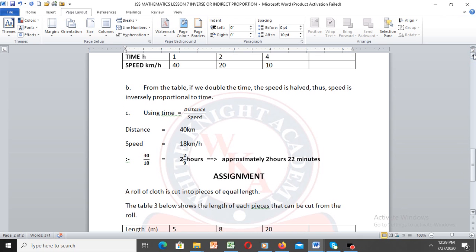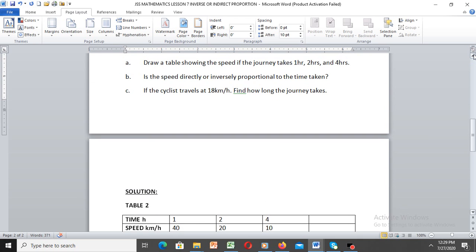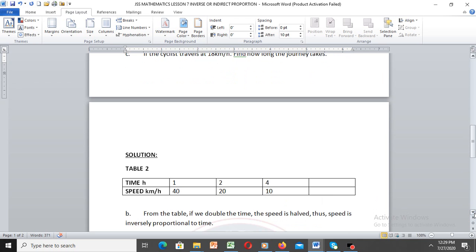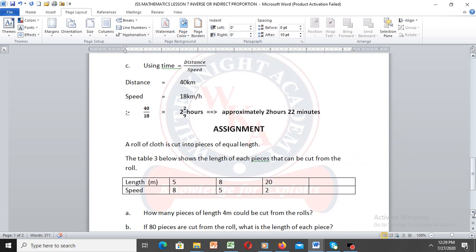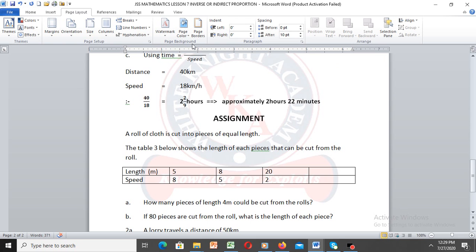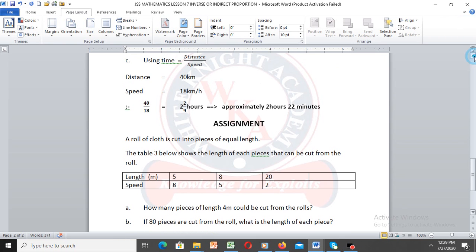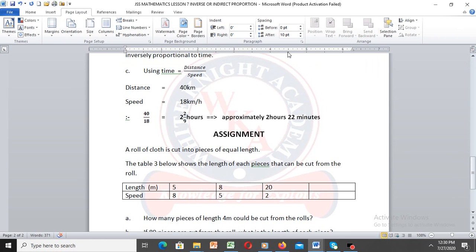Question C states that if the cyclist travels at 18 kilometers per hour, find how long the journey takes. Time is distance over speed. Our distance is 40 kilometers.